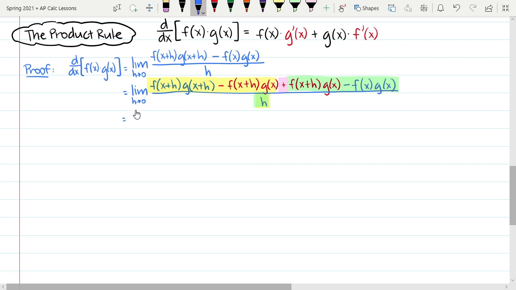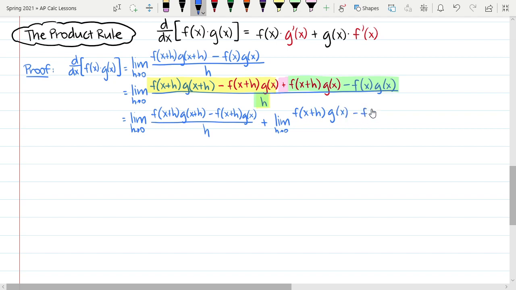So what that then becomes is I have the limit as h approaches 0 of f of x plus h times g of x plus h minus f of x plus h times g of x divided by h, plus the limit as h approaches 0 of f of x plus h times g of x minus f of x times g of x all over h.